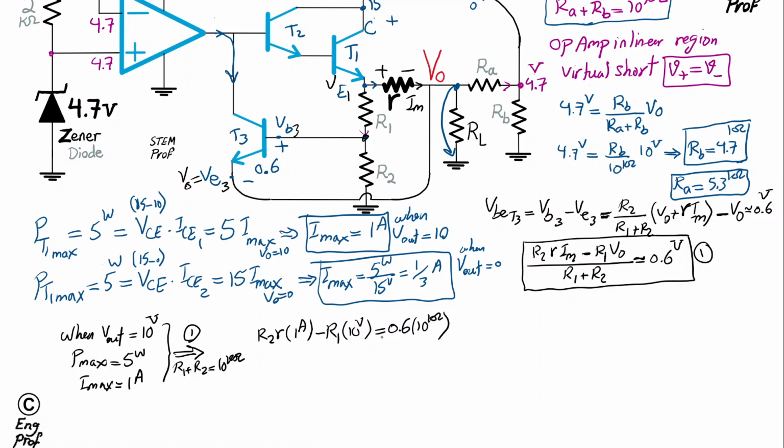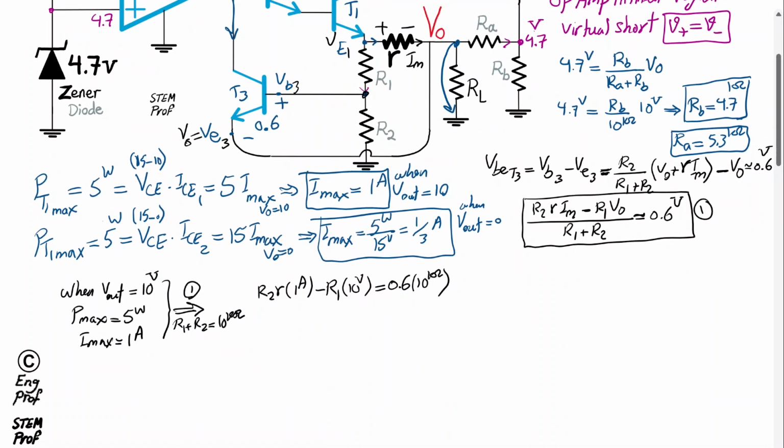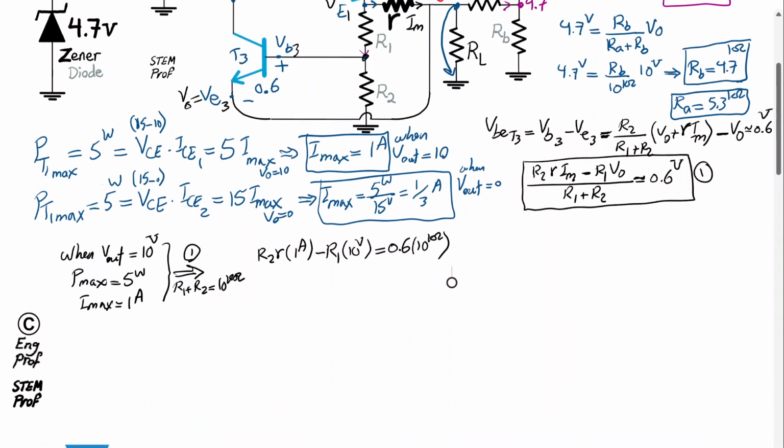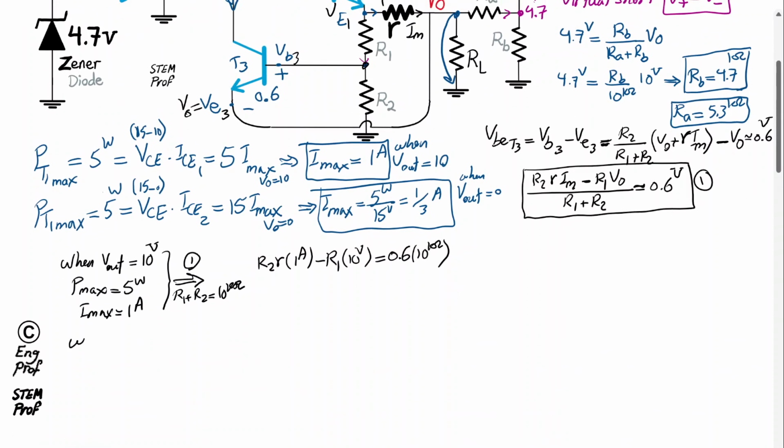Well, the other outcome is the scenario in which I'm going to write it here. So we are saying when Vout is shorted to 0 volt, then we still want Pmax not going above 5 watt, and in this case Imax, as we computed earlier, should be limited to 1/3 amp by the circuit, by the current limiting feature.